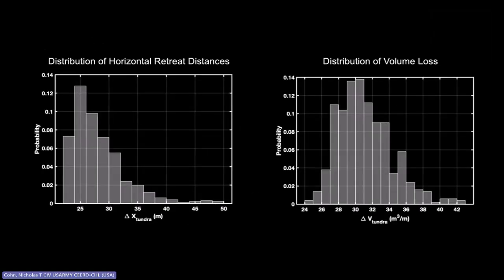So we look at the probability distribution of these retreats from that suite of 500 cases. What we start seeing is that indeed the extreme storm event combinations might lead to double what the mean expected response is, both in terms of volume loss and in terms of horizontal retreat. So as we start thinking about design criteria and what we're trying to build and withstand, this might be important in terms of thinking about what we're trying to protect.